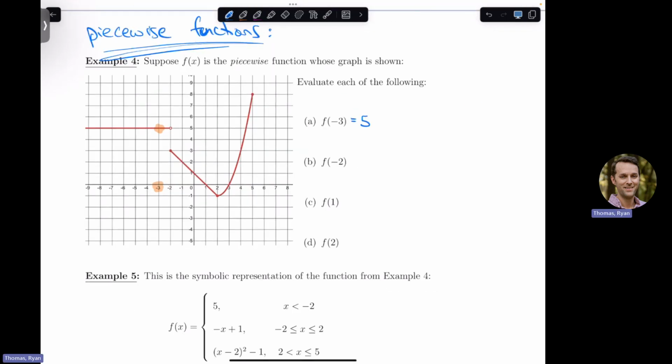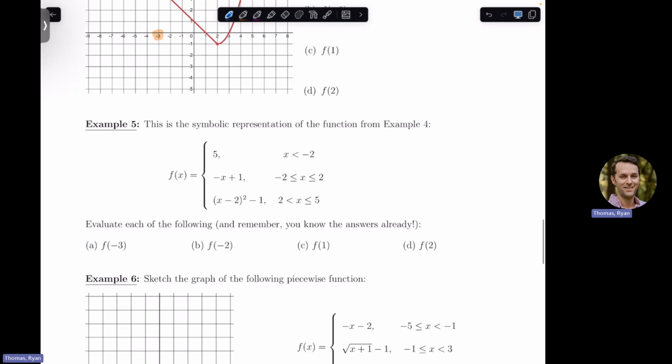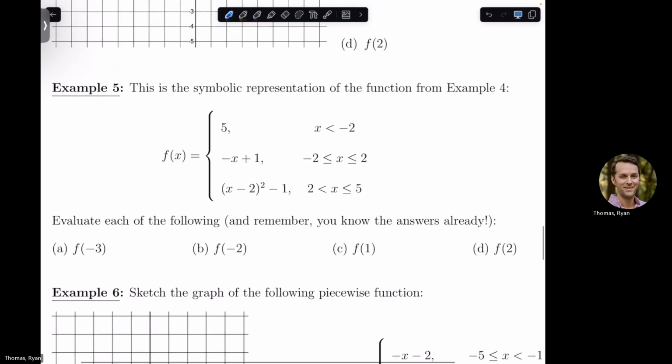The thing that we really need to concentrate on is the way you write a piecewise function. It's still a function, it still gets a name, it's still equal to whatever. So f of x equals, in the usual way.